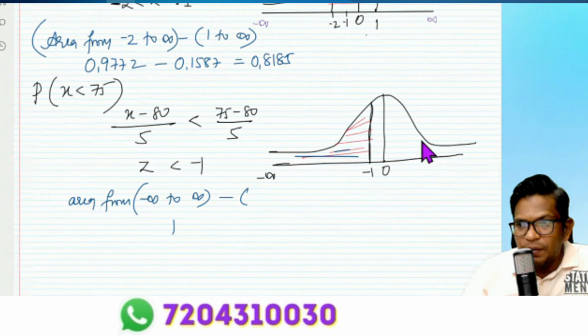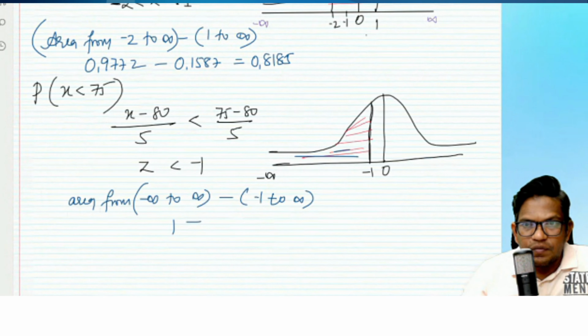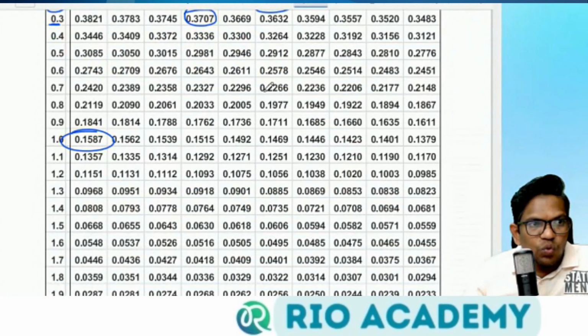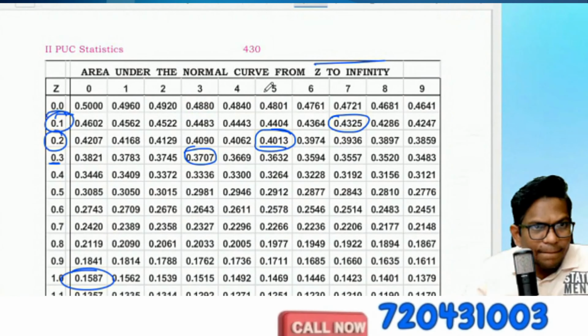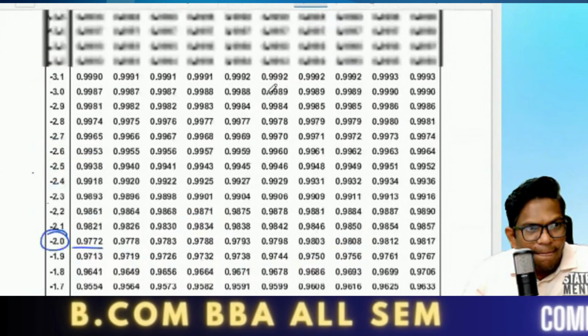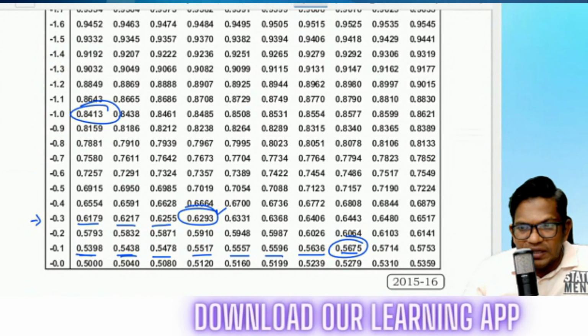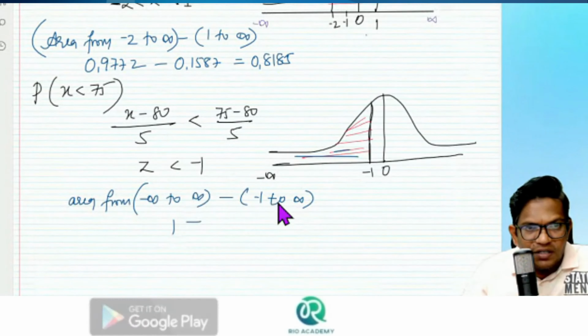Minus infinity to plus infinity. Minus 1, with 0.8413 minus 1. That's it. Understood? Anybody? Doubt?